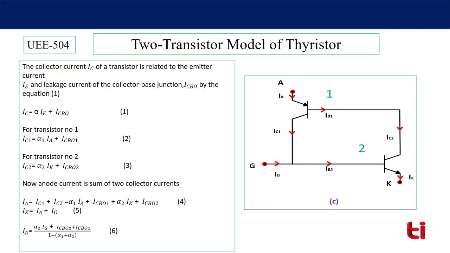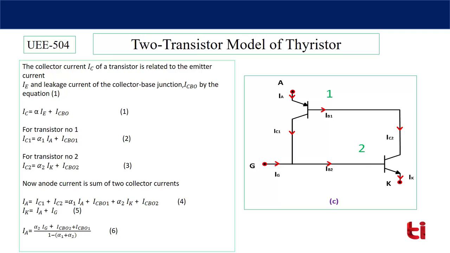ICB0 is the collector to base leakage current, and this current is generally very low and we can neglect it. In that case, alpha becomes IC by IE. So if IC and IE increase, alpha will also increase.